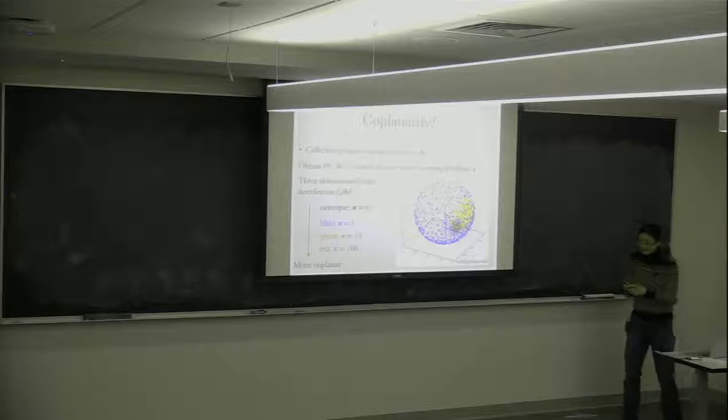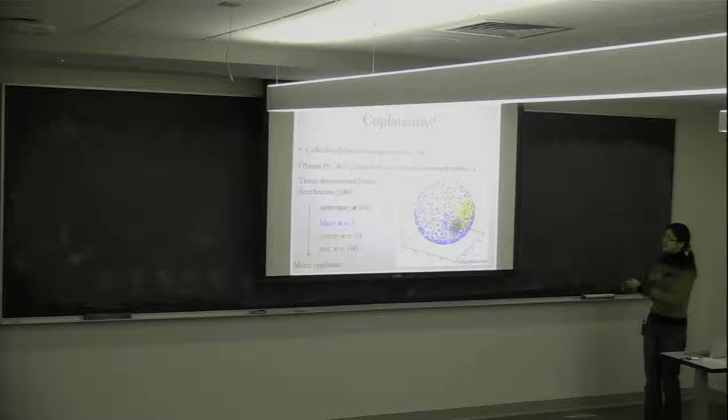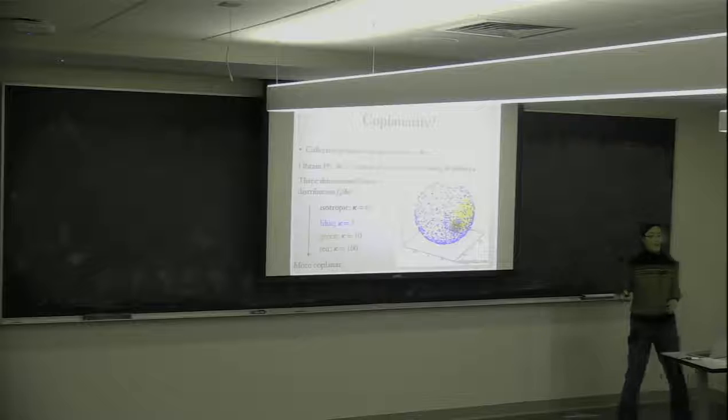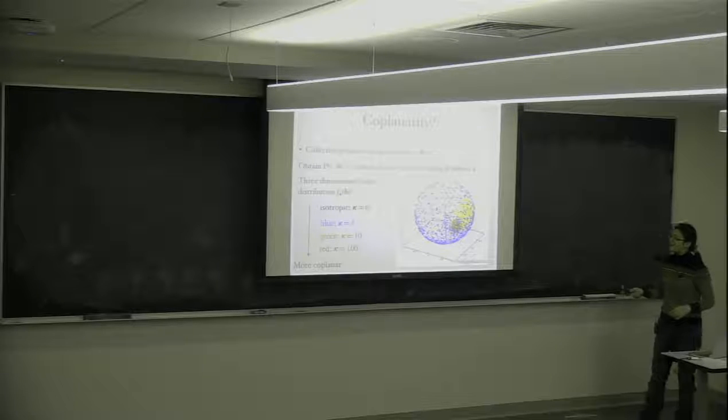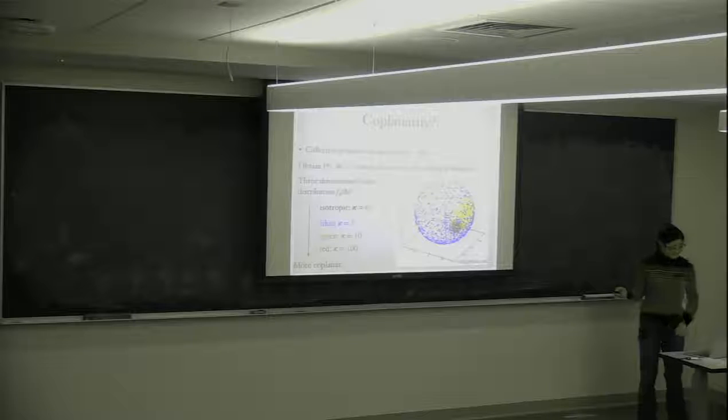So similarly, we test whether this is truly a coplanar configuration. And we assume this mutual inclination follows a three-dimensional Fisher distribution where kappa characterizes how aligned the planetary orbits are. When kappa is 0, it's isotropic, and when kappa is larger, it's more aligned.